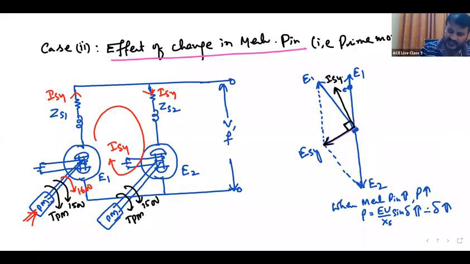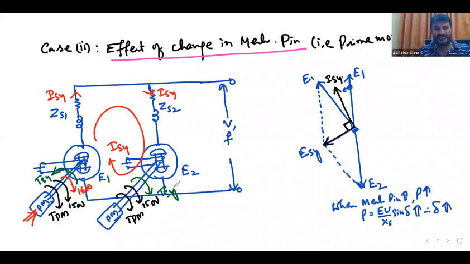In which direction is the synchronizing torque? Tell me. In a generator, the synchronizing torque is in the opposite direction. This is TSY. But in the second machine, the synchronizing torque is in the same direction. TSY is in the same direction. Because in a generator torque opposes, in a motor torque aids. In a motor torque supports the rotation.